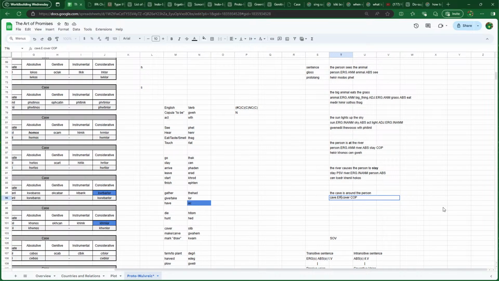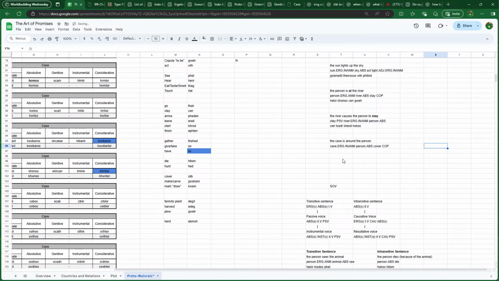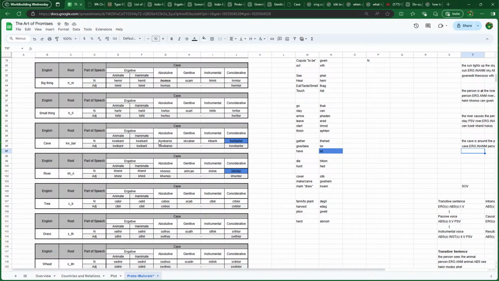Is the ergative. This is inanimate, definitely. Then person, absolutive, cover, right? So cave, ergative, inanimate is quebaril. Quebaril.